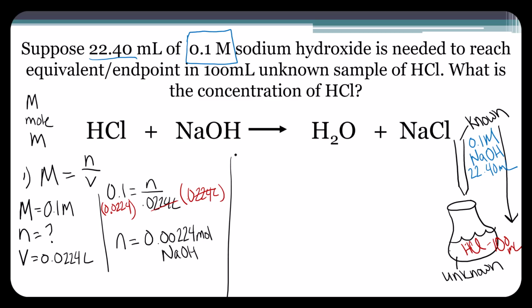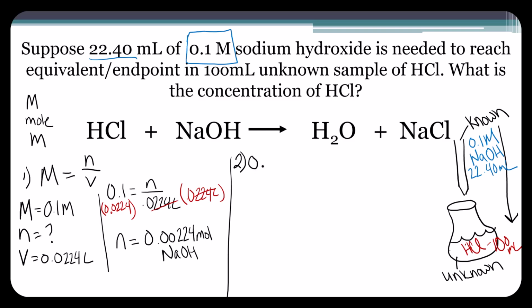All right, so step number 1, use the molarity equation, solve for moles. Step number 2, mole to mole. In this step, we're going to go from moles of our known to moles of our unknown. So we're going to make this jump from burette to flask, known to unknown. So in this step, we're using that stoichiometric equivalence point.